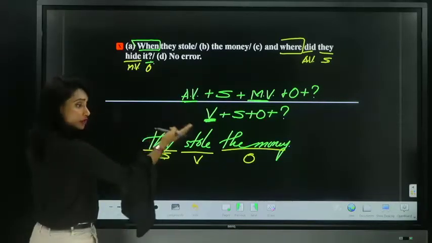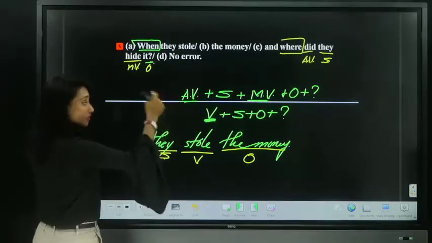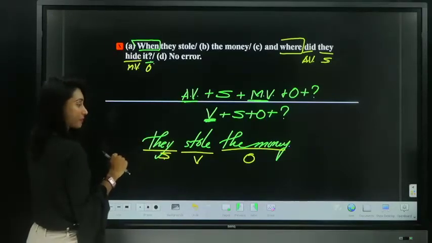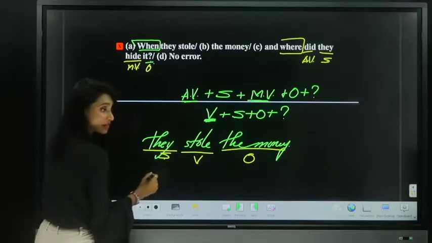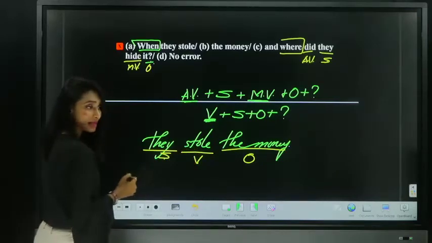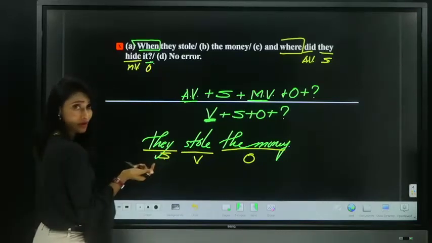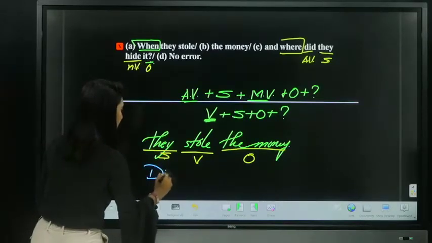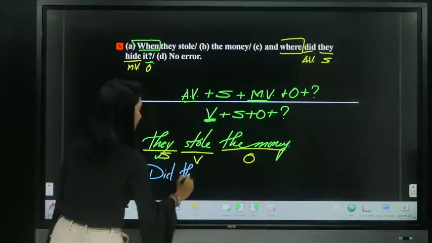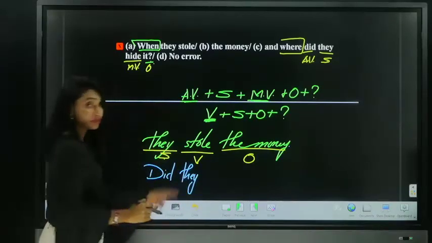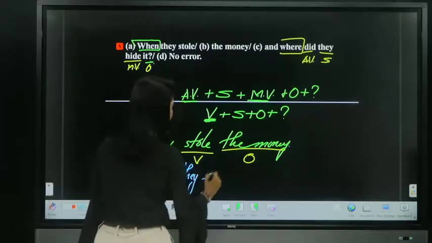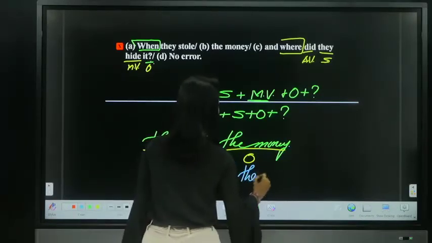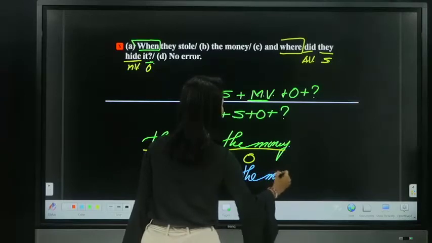Two formulae we have. Which formula do you have to use? It is in past tense, and past tense means we have to use the auxiliary verb did. So did they V1. What is V1 for stole? Steal. Did they steal the money?